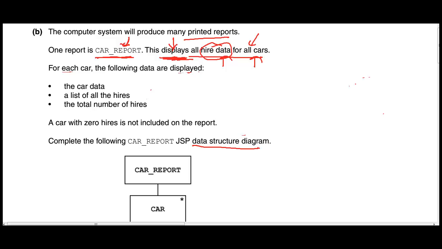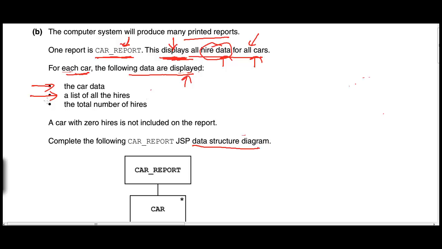What further information is provided here? The question says that for each car in the car report, the following data is going to be displayed. The car data is going to be displayed, right? And a list of all the hires is going to be displayed.